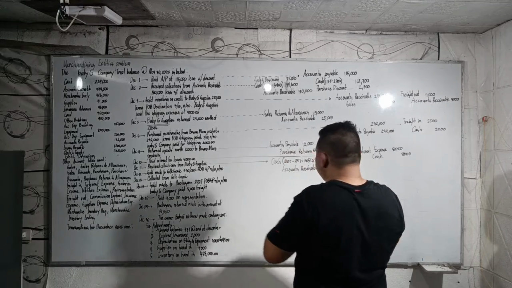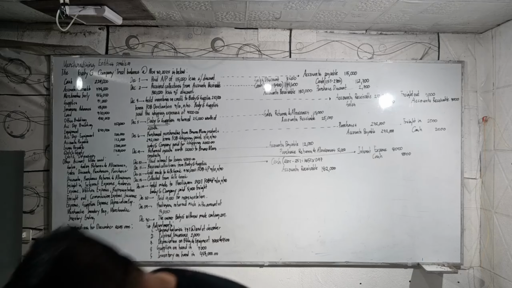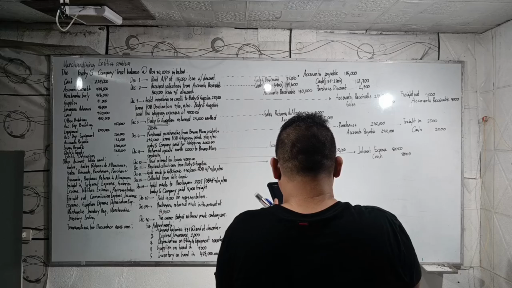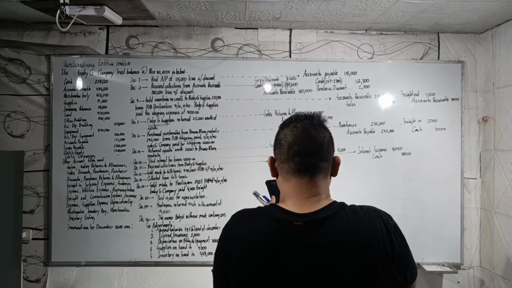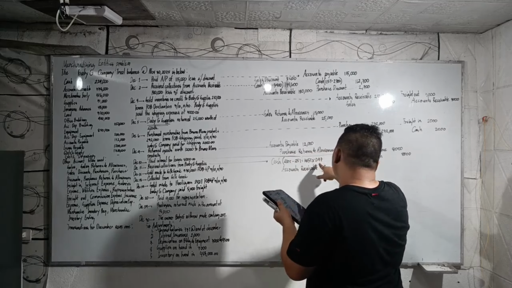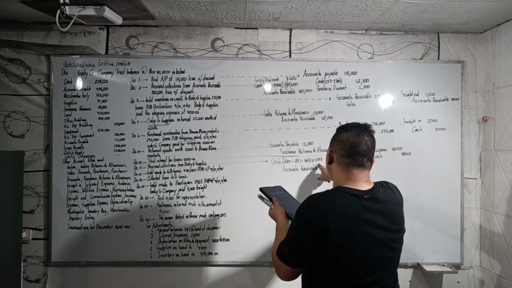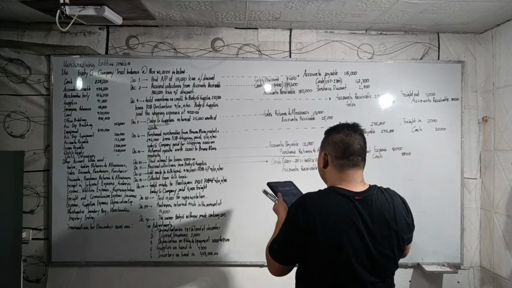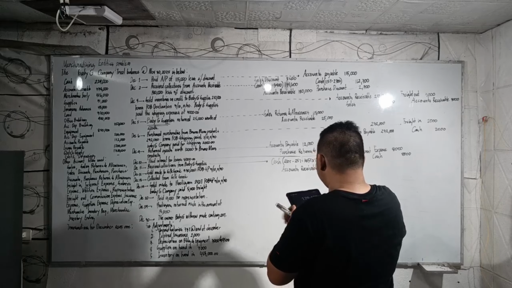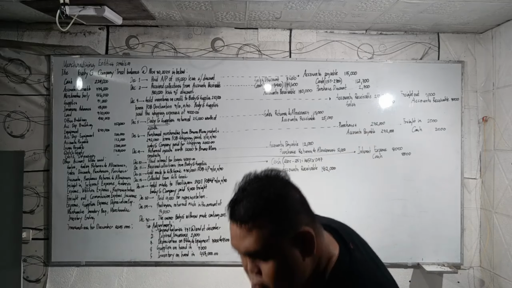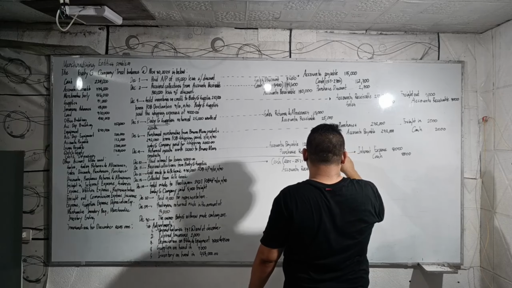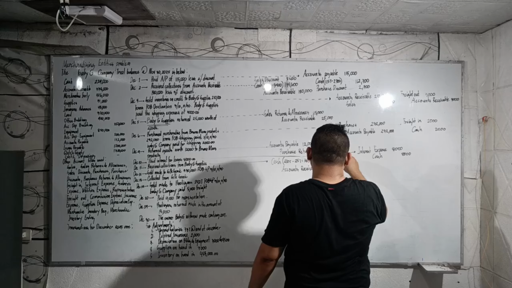So, what will happen is that 185,000, they will enjoy 3% discount, which is why we cannot use the times 1 or 100%. It's only 0.97. That's 1 minus 0.03. We have 179,450.